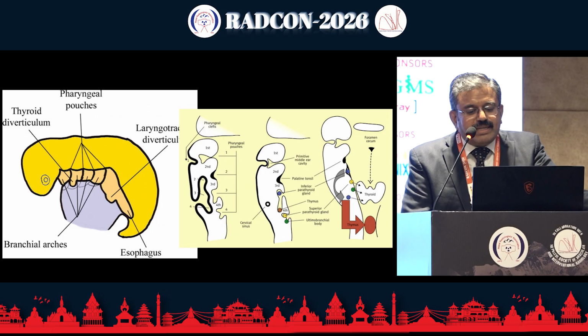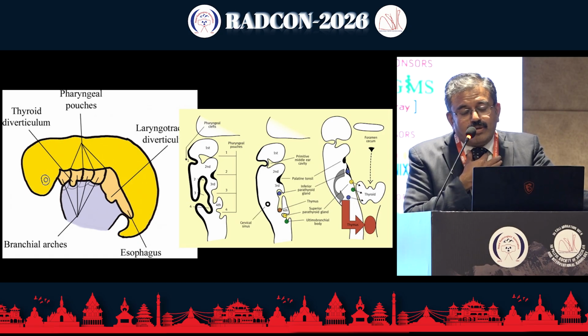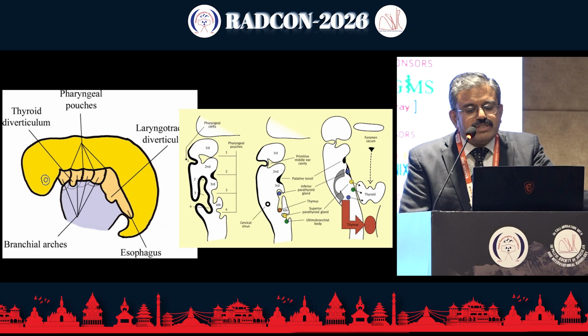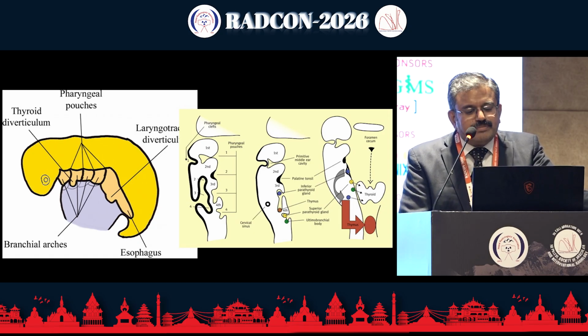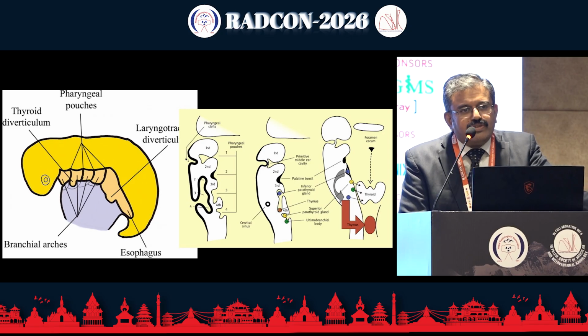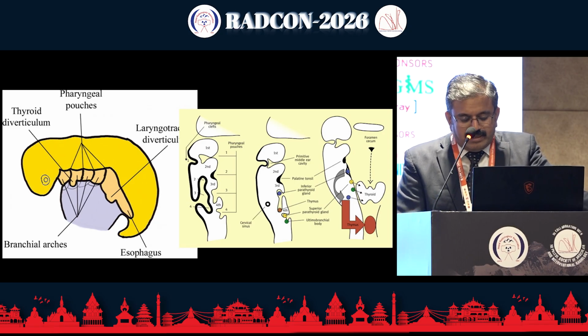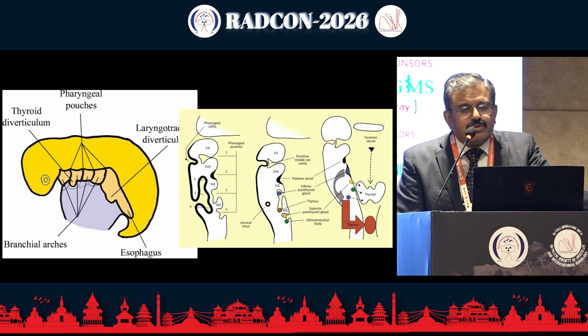And we know that the thyroid gland descends from the foramen cecum to the lower neck. Similarly, the thymus also descends from the mid neck to the mediastinum. So there may be an undescended thymus, and a thymic cyst can also be there in the neck. You have to know this embryology, then we can make a confident diagnosis.